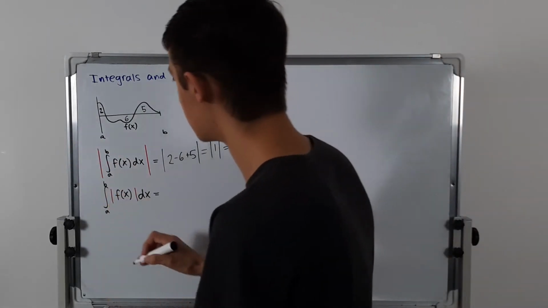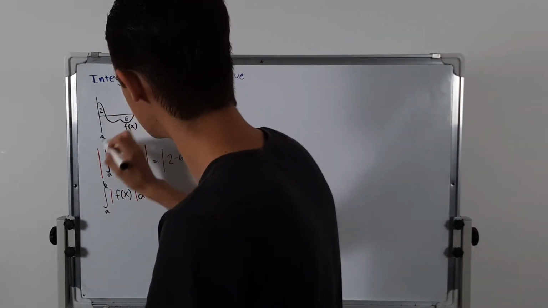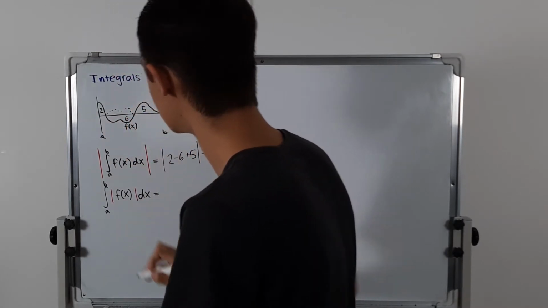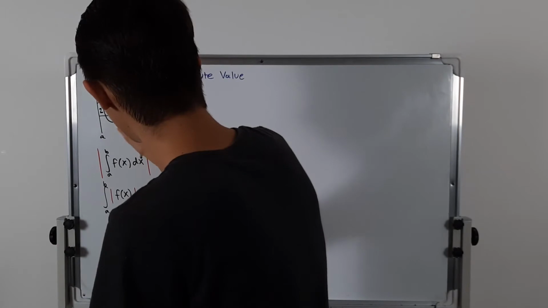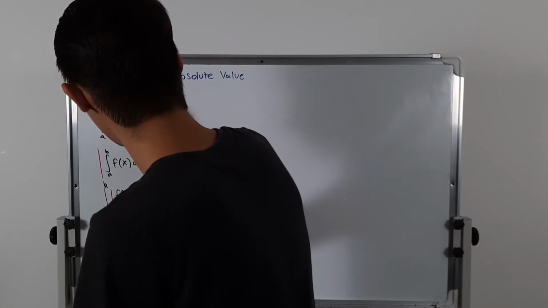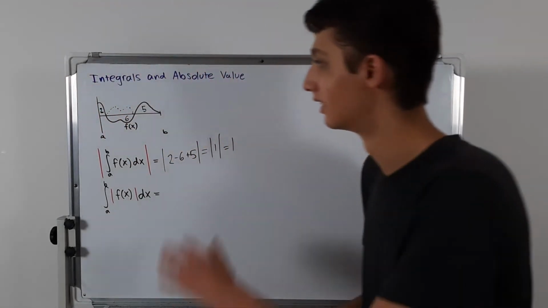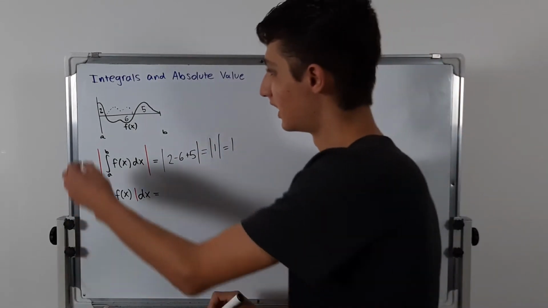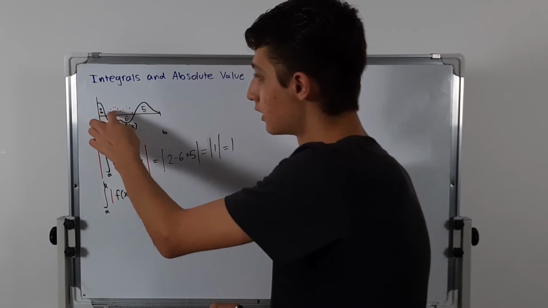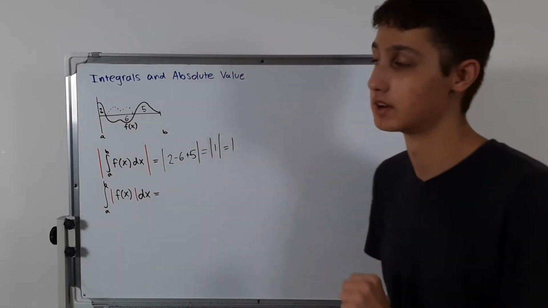So let me draw a dotted line to show you what that would look like. It would look something like this. It would be the same area, but it would be positive instead of negative.